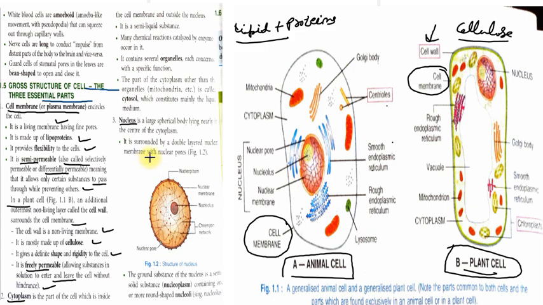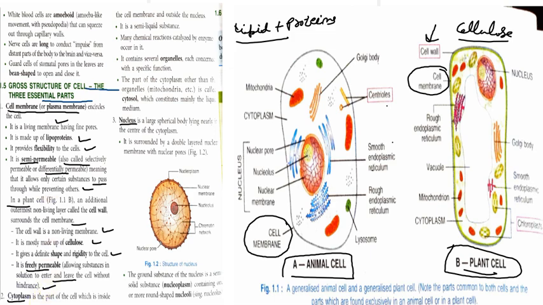So this was all about the cell membrane or plasma membrane found in both plants and animals, but plants have a cell wall made up of cellulose which is freely permeable, right? The cell wall is absent in animals, right?